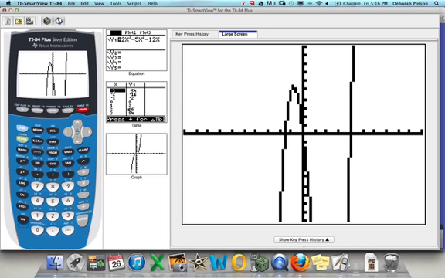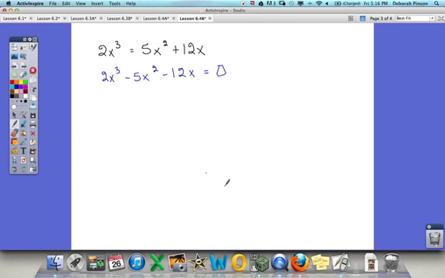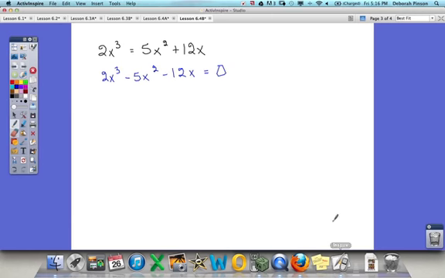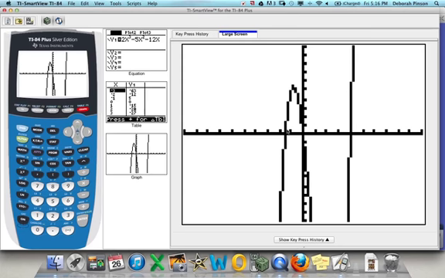Okay, now when I'm looking at this, I am supposed to have 3 answers, and I can see them, 1, 2, 3. So they're all real numbers, no imaginary numbers. This one looks like it's at 4. This one looks like it's at 0. This one's hard to see. So I know that 0 and 4 are 2 of my answers. I'm not sure what this one is.